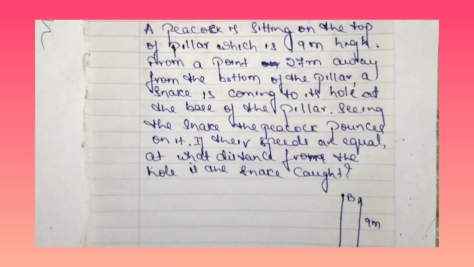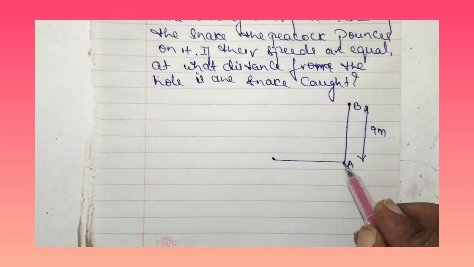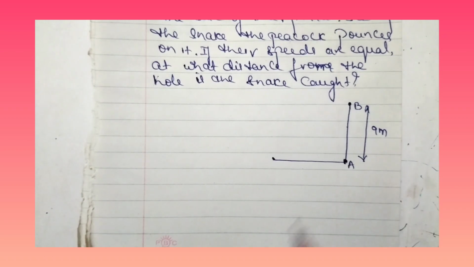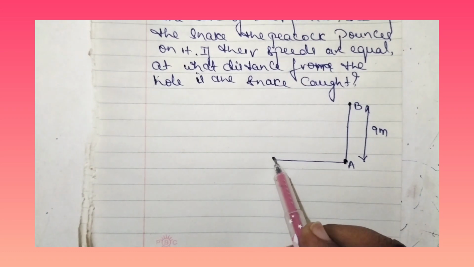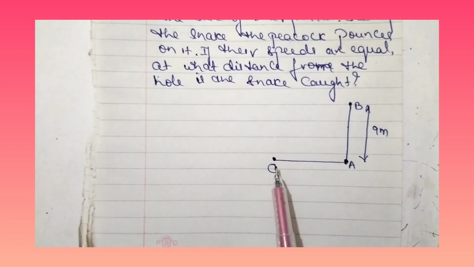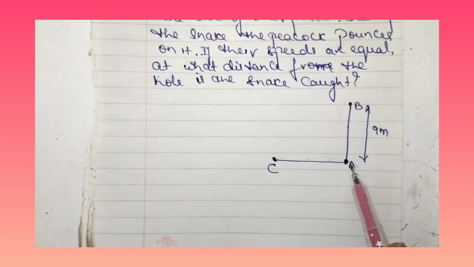Now the hole made by the snake is at A, which is the bottom of the pillar. The position of the snake is C. From C, the snake is crawling towards A, to its hole.